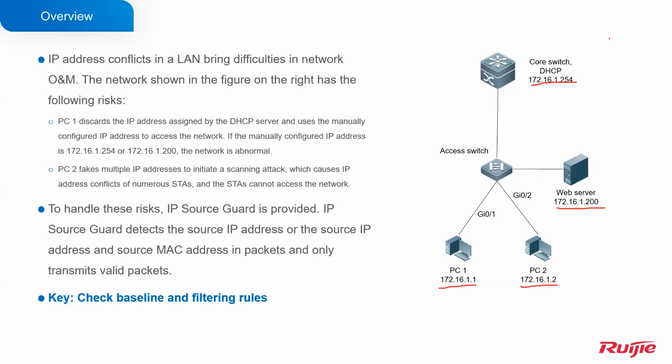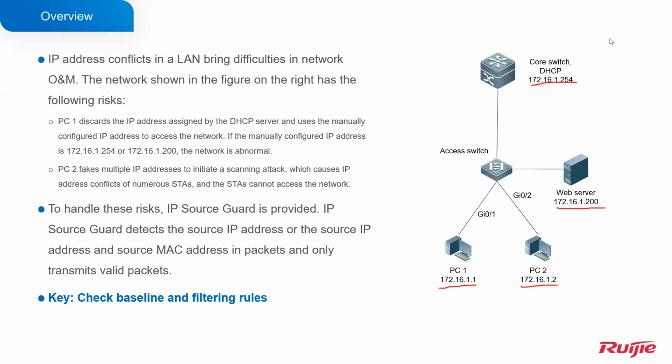So to handle these risks, IP source guard is provided. It detects the source IP address and source MAC address in packets, and only transmits valid packets. So in this way, if we manually configure an illegal IP address for a PC, or when the PC fakes IP addresses to initiate an attack, IP source guard can block these packets.